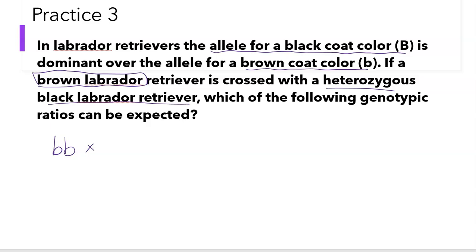Heterozygous, two different alleles. So big B, little b. Which of the following genotypic ratios could be expected? So it shouldn't be which of the following, not multiple choice. Which could be expected? We'll do this cross. So draw your Punnett square on your paper.